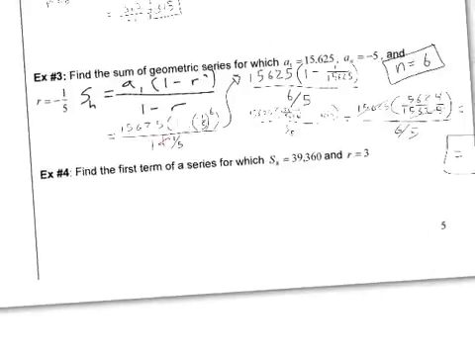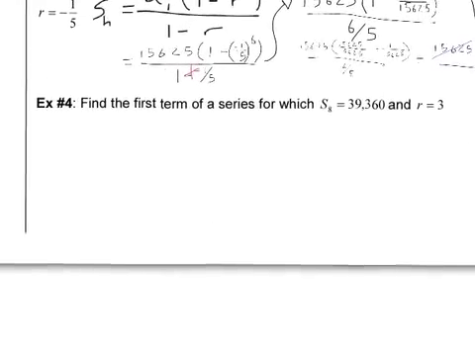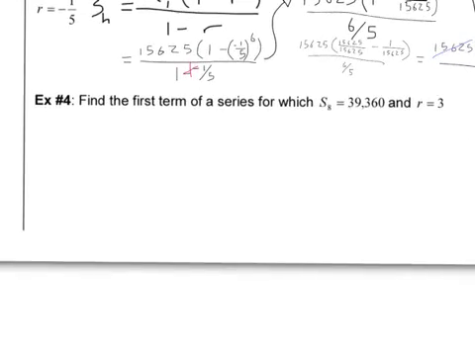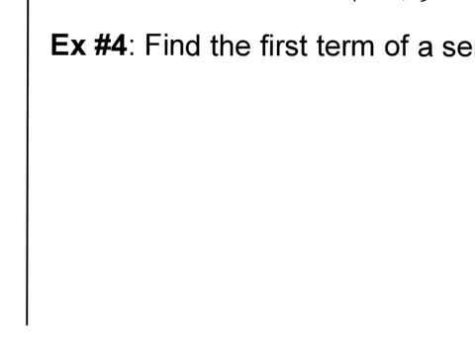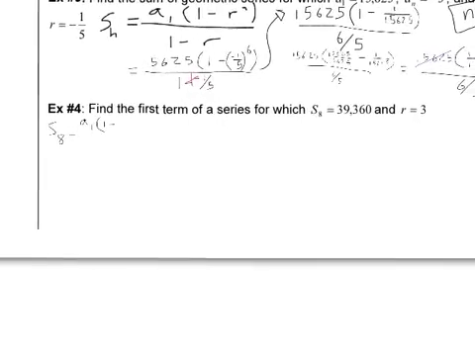All right, this last one's a lot easier. So I'll just do this one with you and then we'll be done. It says, find the first term of a series for which S of 8 equals 39360, and r is 3. Okay, well again, just use our summation equation. And now they're telling us it's S of 8 equals a sub 1 times 1 minus, well, what's my r value? 3.